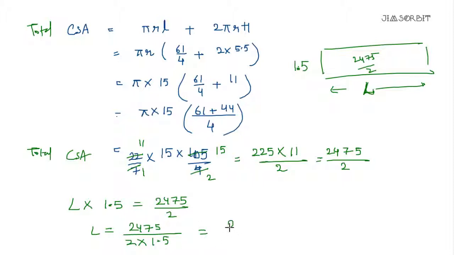So that will give us 2475 into 10 upon 2 into 50. We can easily see this is 3 eights are 24, 3 fives are 15. So it is 825 meters.